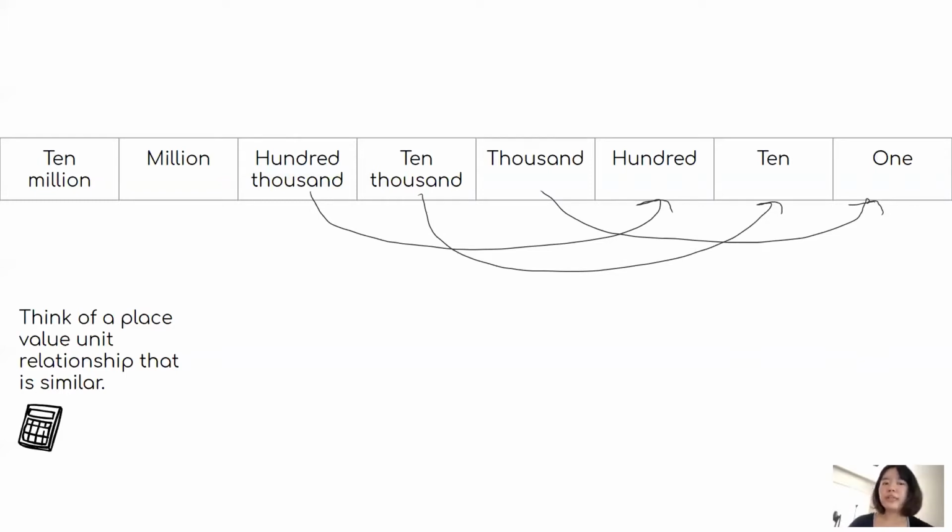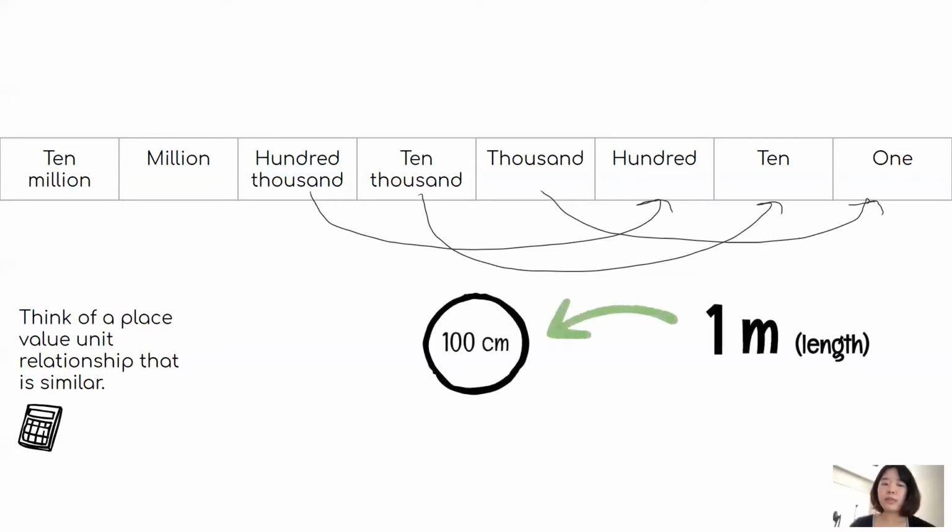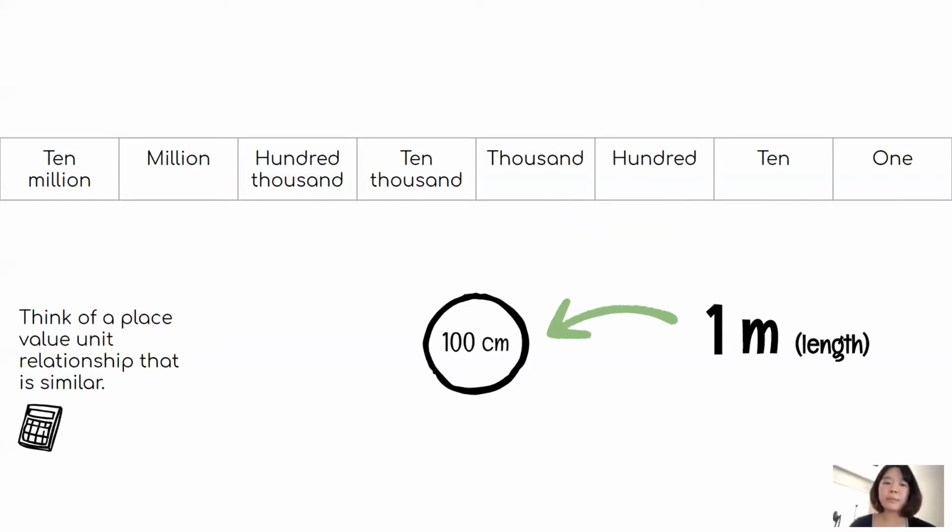What unit is 100 times as much as 1 centimeter? That will be 1 meter equals 100 times 1 centimeter. Can you think of a place value unit relationship that is similar to this? Like 100 is 100 times as much as 1.